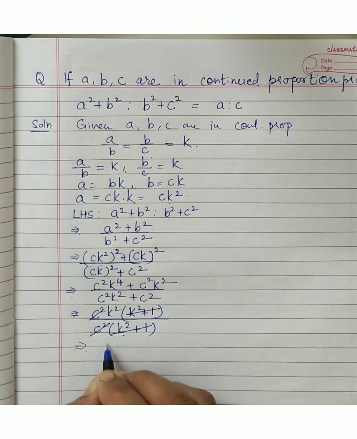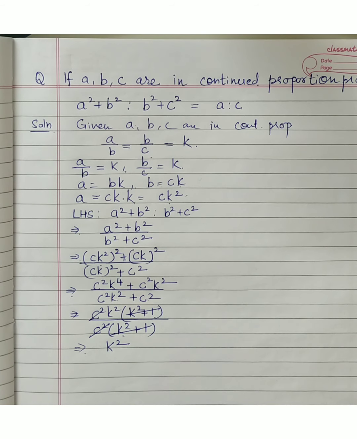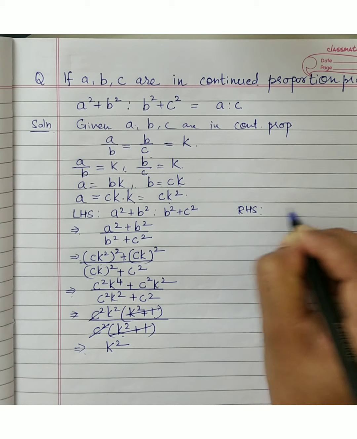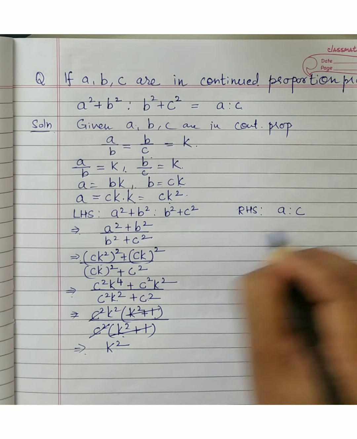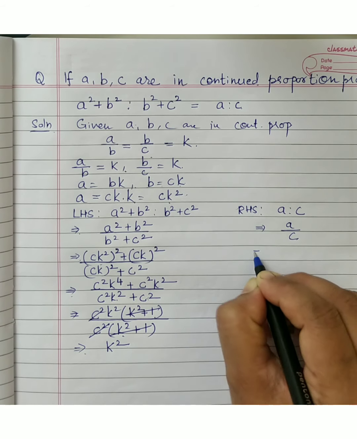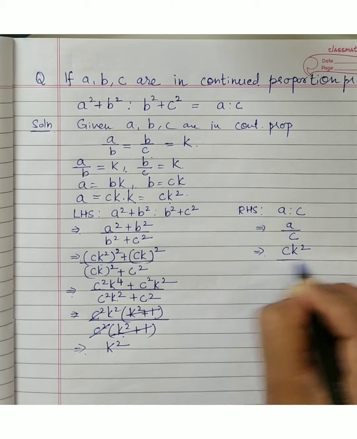What's the result? K square, right? Now look at the RHS. A is to c. So how do we write? A upon c. A is what? Ck square upon c.